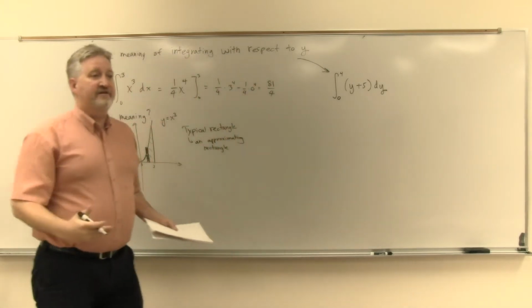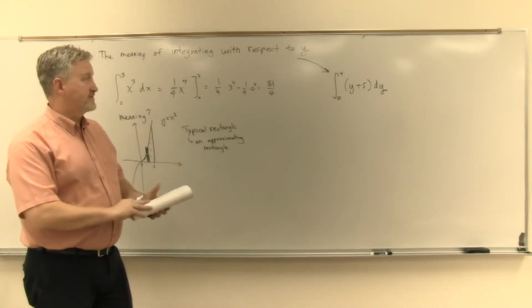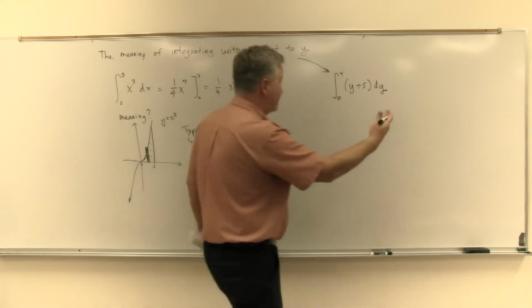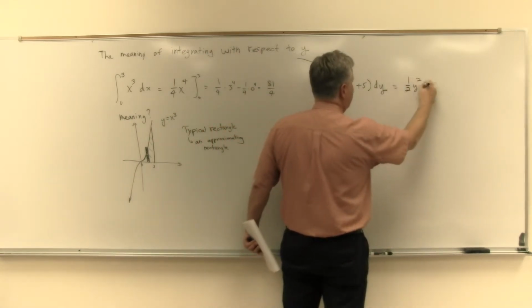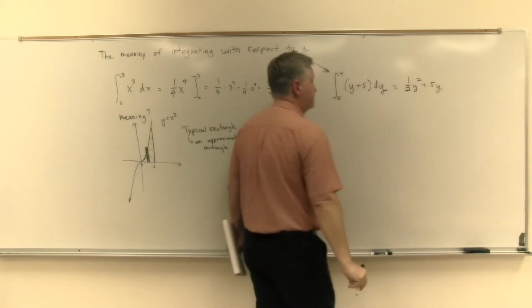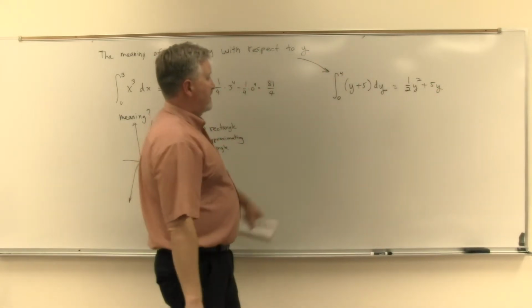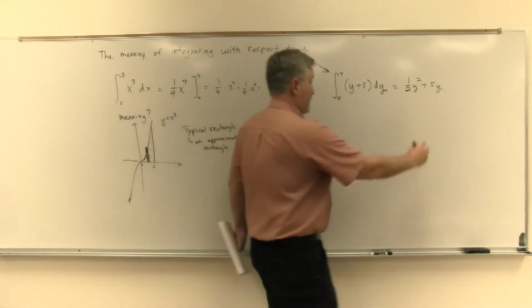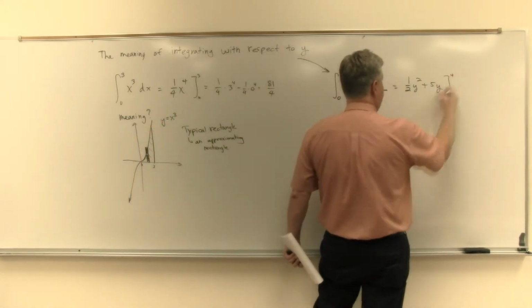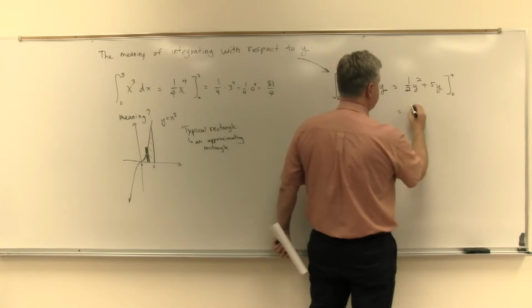Well, the calculation of that is not that difficult because it's addition. All we have to do is the power rule. It's 1/2 y squared plus the antiderivative of 5, which is 5y. Go 0 to 4, and that is our integral.